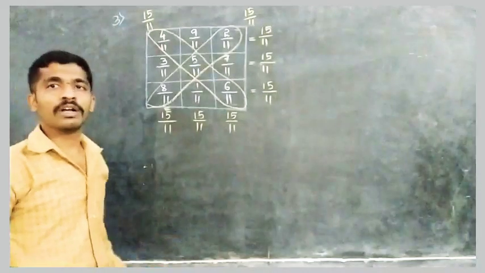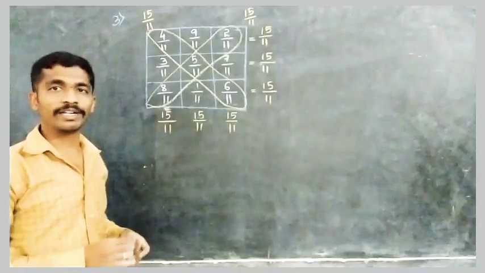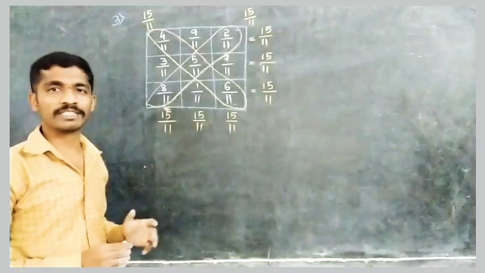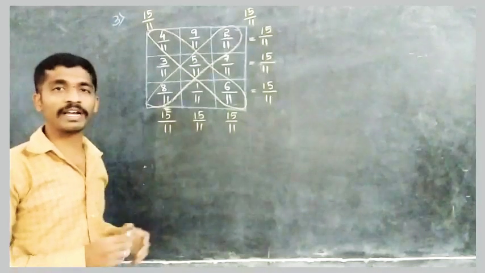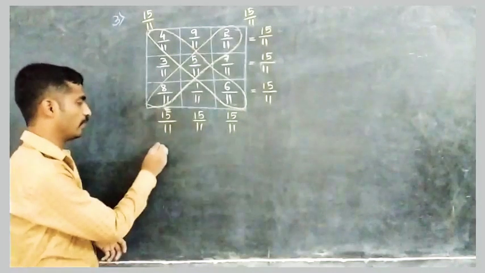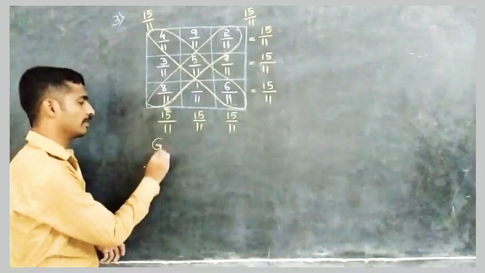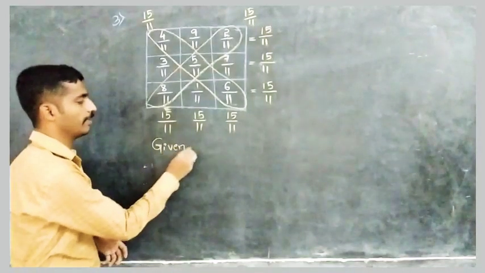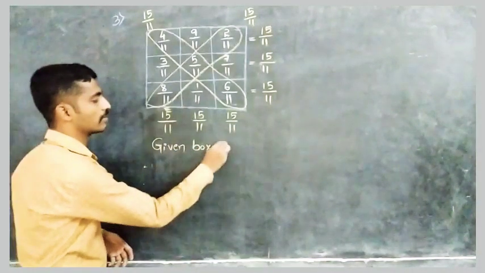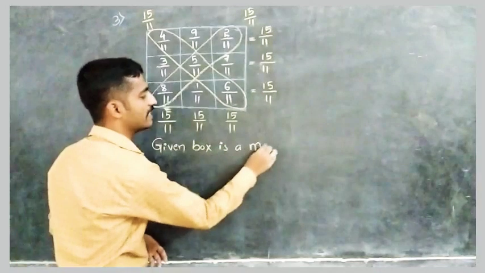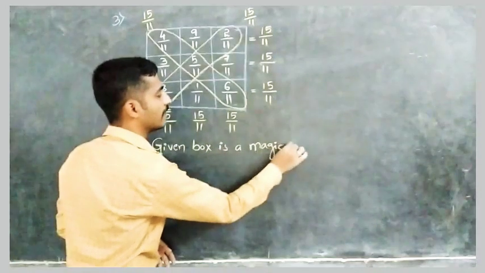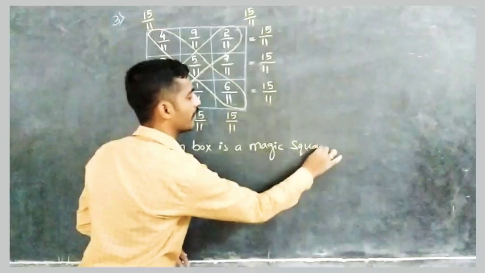So in all ways we are getting the same answer, that is equal to 15 by 11. So therefore the given box is a magic square.